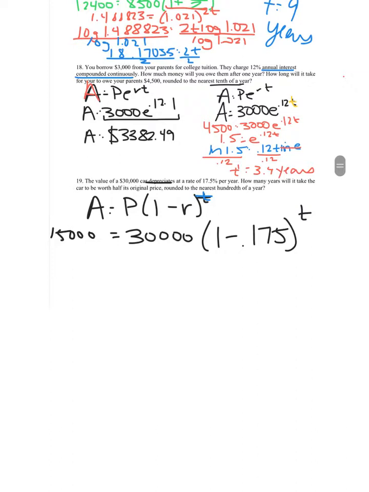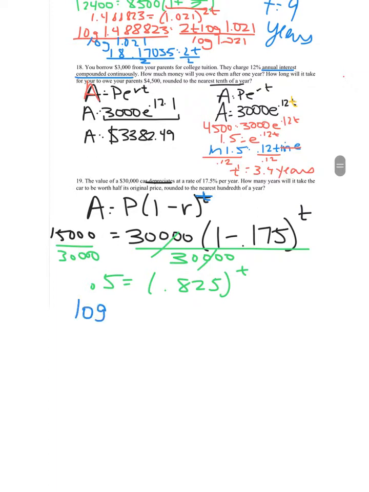When we divide 15,000 by 30,000, we get 0.5, which is equal to 0.825 raised to the power of T. So I need logs. So this is the log of 0.5 equals T times the log of 0.825. Divide by the log of 0.825, so it cancels here.